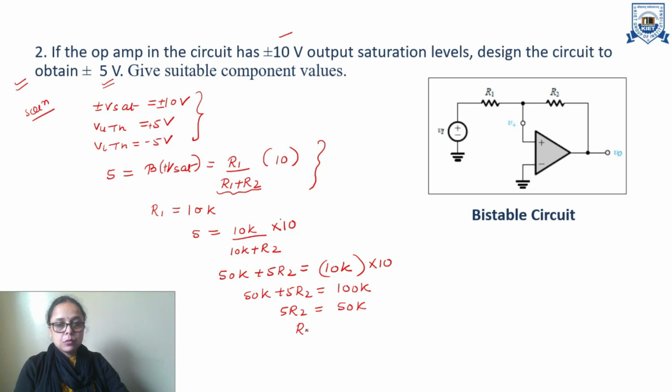So R2 will be 10k. So the value of R2 in this problem is 10k. We have to assume one of the values, and only then can we solve these kinds of problems where there are two unknown parameters and one equation.